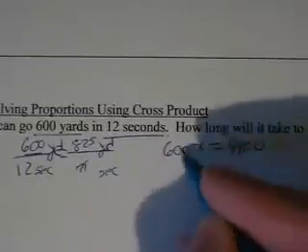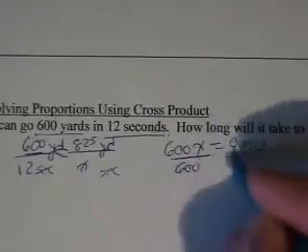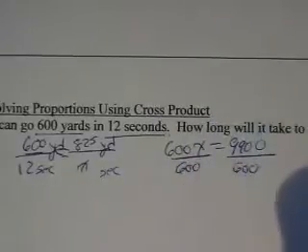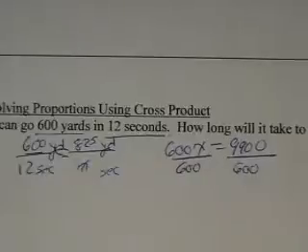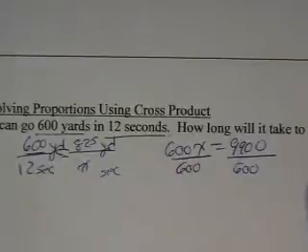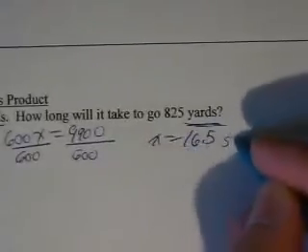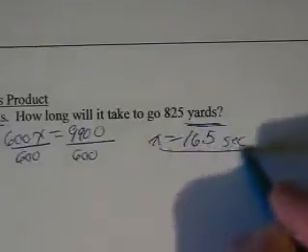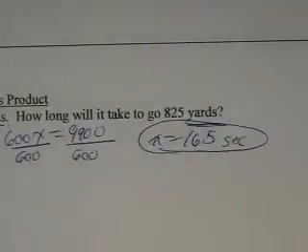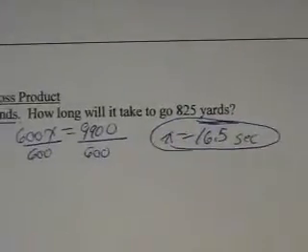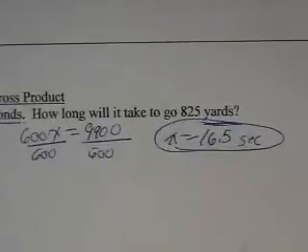And then we saw yesterday to solve this, we're going to divide both sides by 600, and x equals 16.5, and the unit on x was seconds. 16.5 seconds. That is it. You set up your proportion, you cross multiply, you solve.